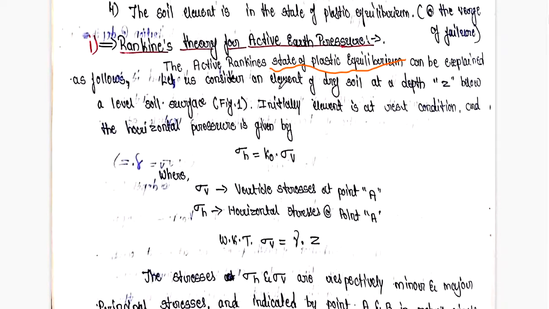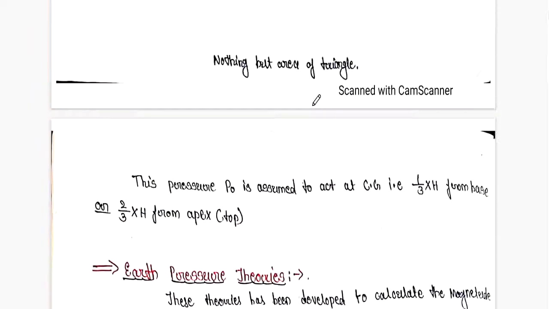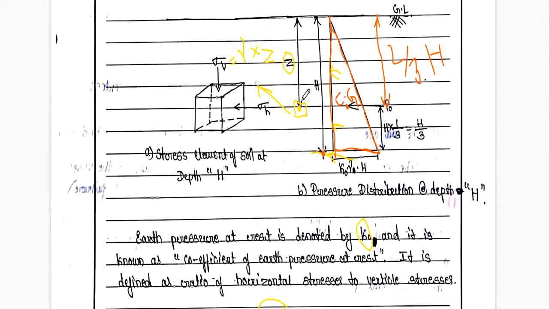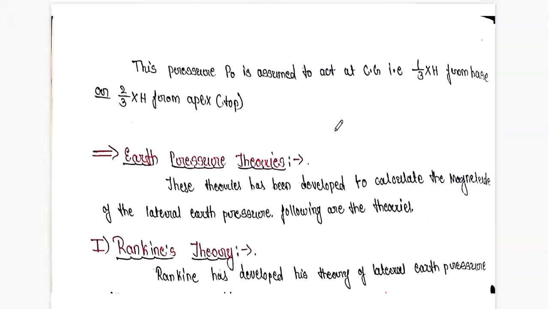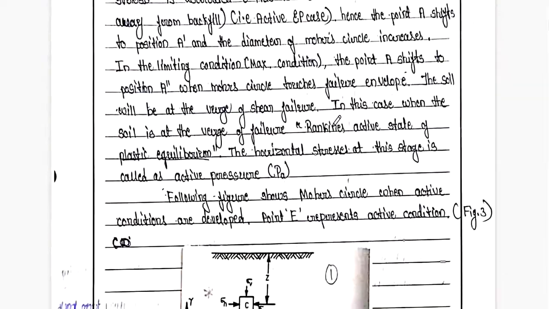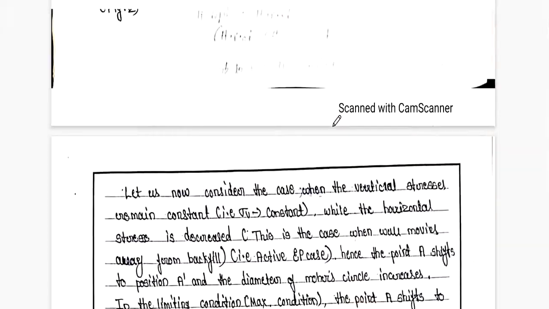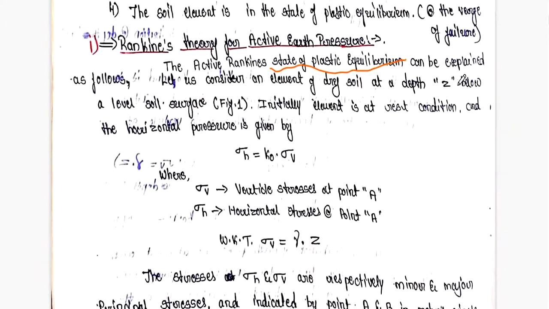Let us consider an element of dry soil at depth z, similar to the element at depth z we considered before, below the level of the soil surface, as shown in figure number 1.